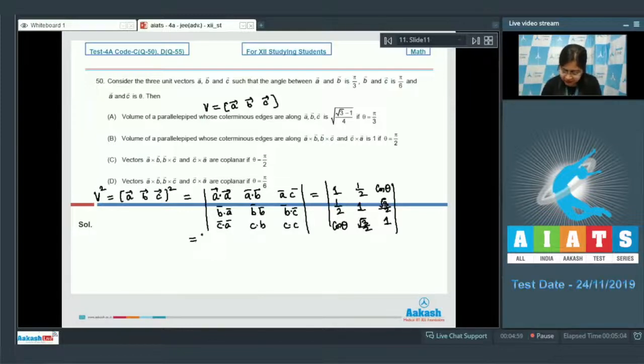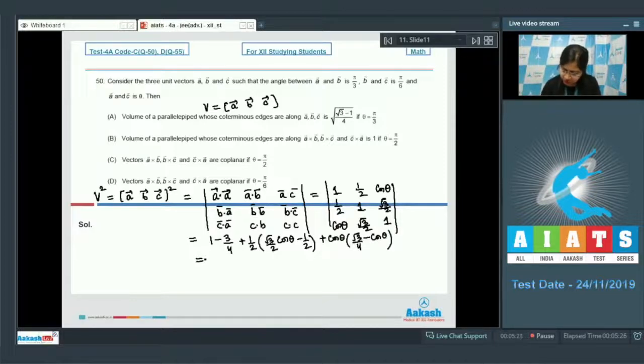So V square will be equal to, opening the determinant, 1 minus 3 by 4 plus 1 by 2 times root 3 by 2 cos theta minus 1 by 2 plus cos theta into root 3 by 4 minus cos theta, right?